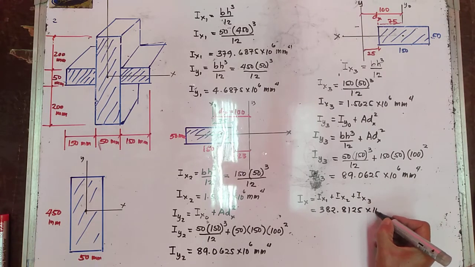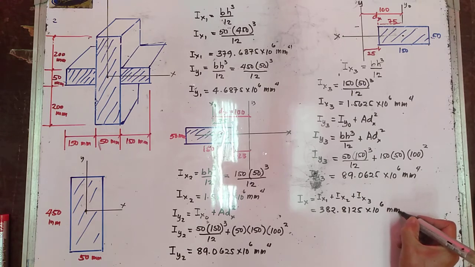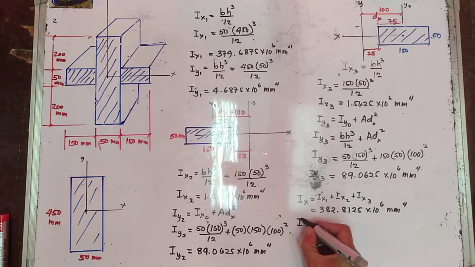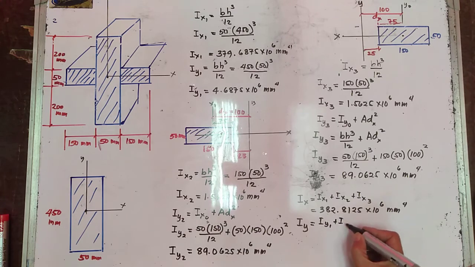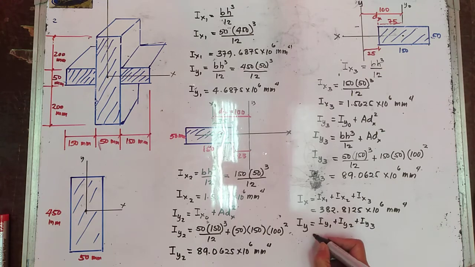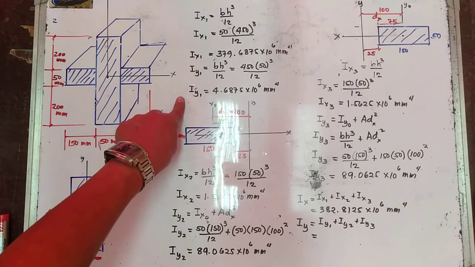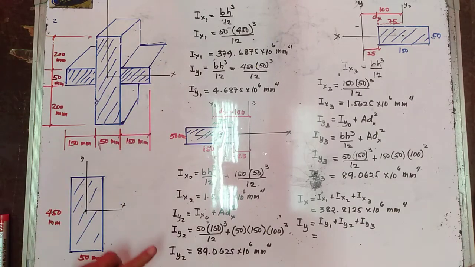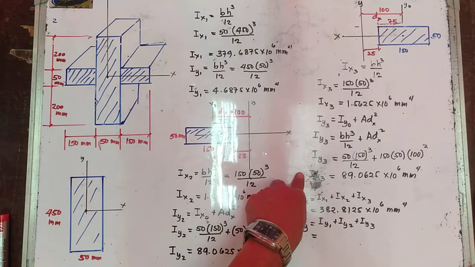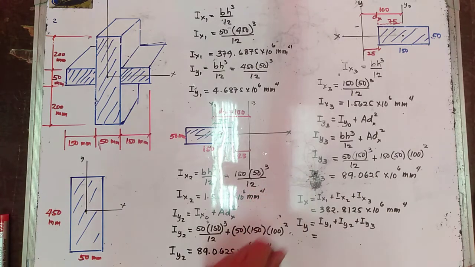8125 times 10 to the 6 millimeter raised to the 4th. And the moment of inertia about the indicated y-axis is Iy1 plus Iy2 plus Iy3. And this is equal to, so Iy1 is 4.6875 times 10 to the 6 plus Iy2, 89.0625 times 10 to the 6 plus Iy3, 89.0625 times 10 to the 6.